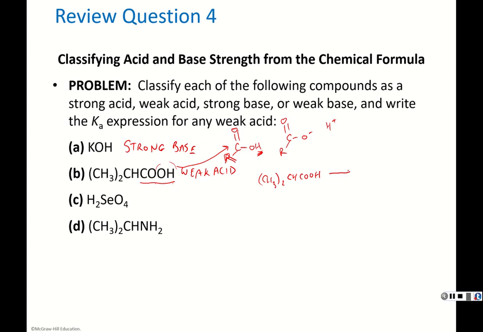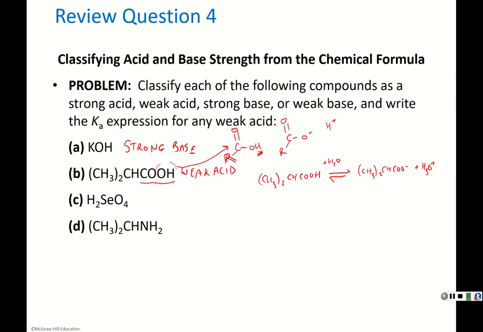Okay, in water, I guess I should show the water there, plus H2O when we combine that with water. Okay, what happens is it can dissociate into (CH3)2CHCOO minus, and water will then pick up that proton and make H3O plus.